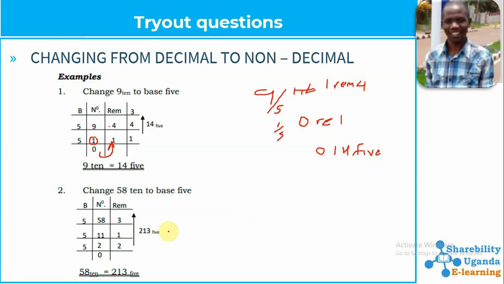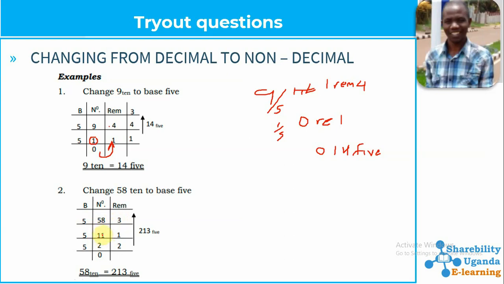The same thing when they say change 58 base 10 to base 5. We still use the same approach. 58 divided by 5, we get 11, and remainder 3.